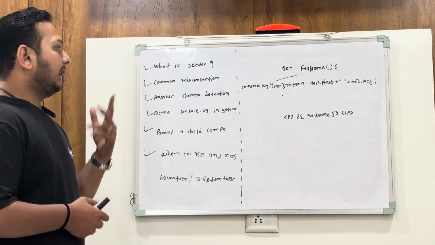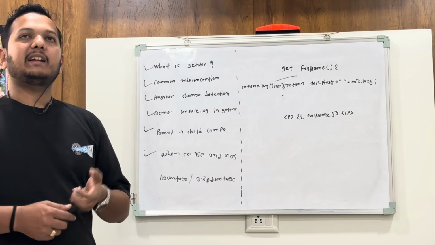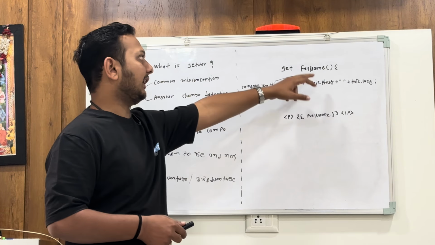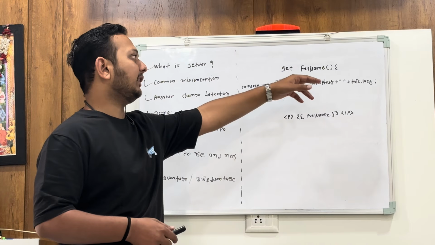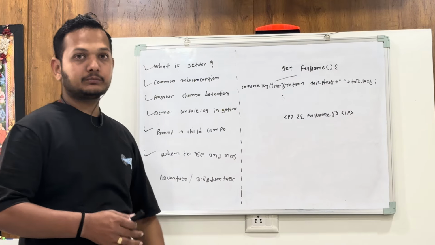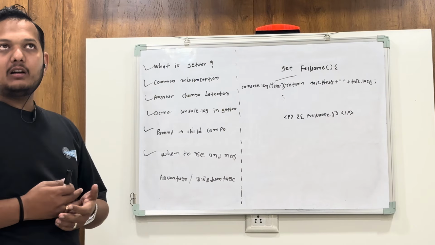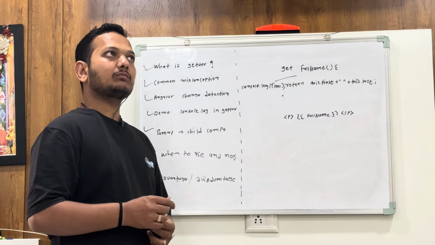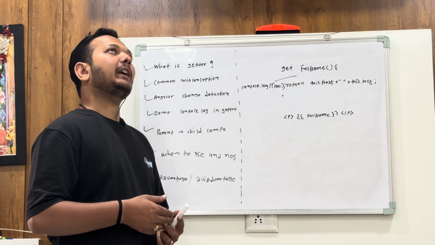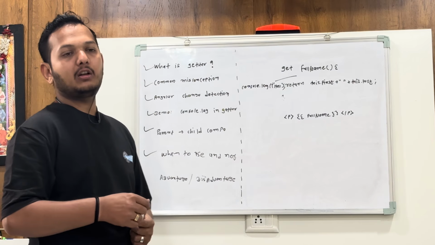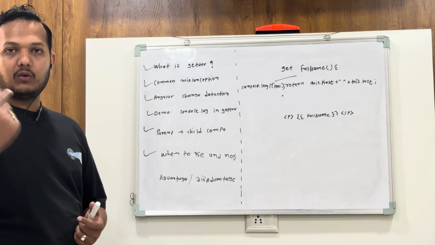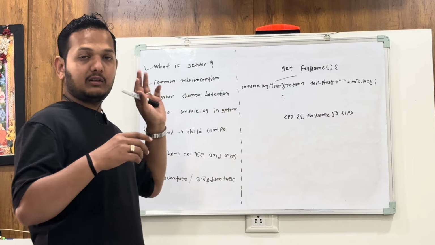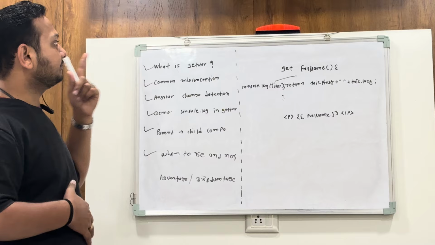Another is any small formatting, similar to this example where I get the full name by concatenating the first name and last name. The third use case is pure logic, not a for loop or that kind of thing. So that is where we can use the getter.